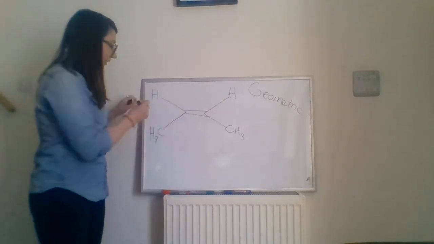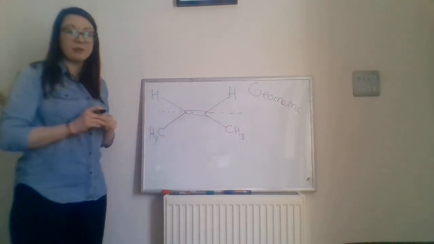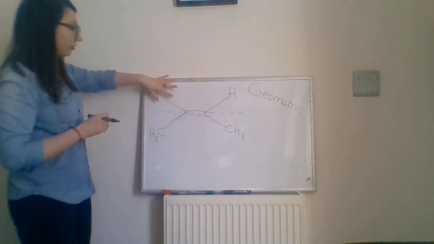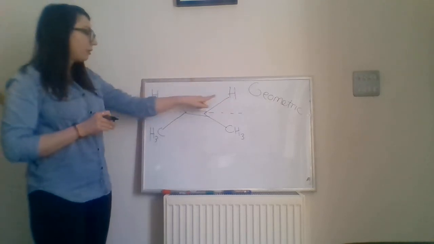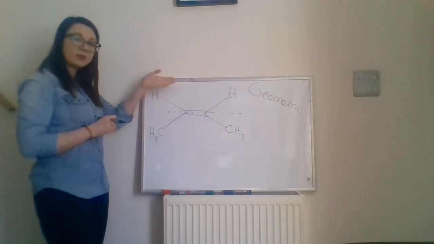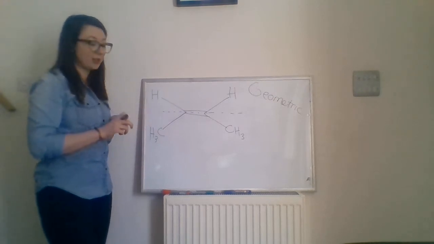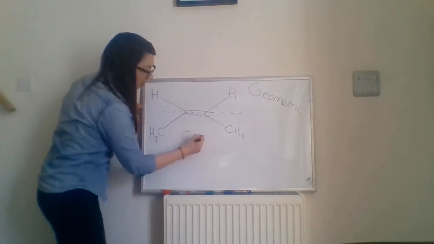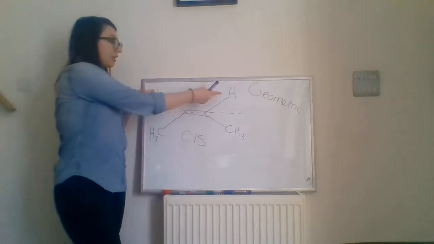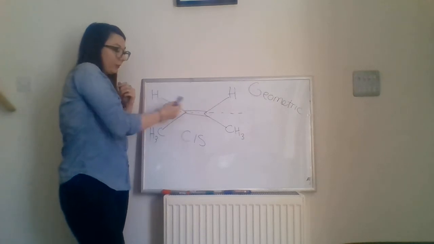We imagine an invisible line running through there, and we look at this half and say the 2 similar groups are on the same side of this double bond, and we call this the same isomer, or cis. Cis means same, because these 2 similar groups are on the same half of this double bond.